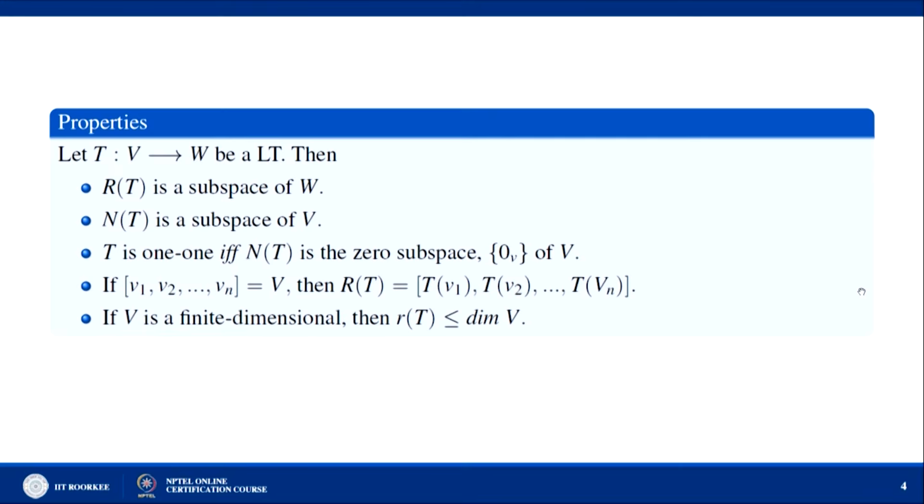Okay. The next is that N(T), the nullity, is a subspace of V. How can we show this? Now, the null space of T is all those v in V such that T(v) equals 0. So, again you take some v1, v2 in N(T) and alpha belonging to the field, and we have to show that alpha v1 plus v2 also belongs to N(T) for N(T) to be a subspace.